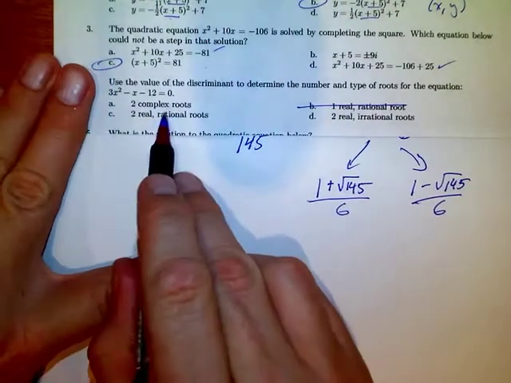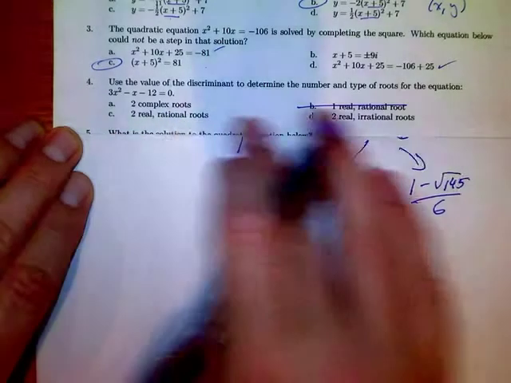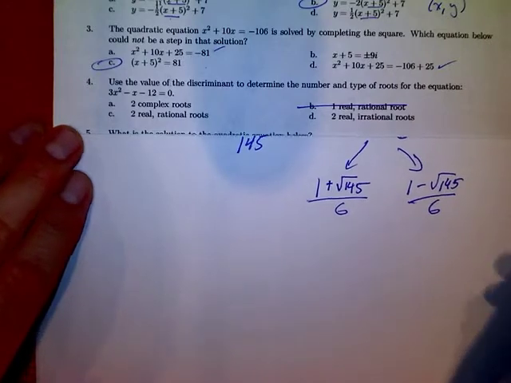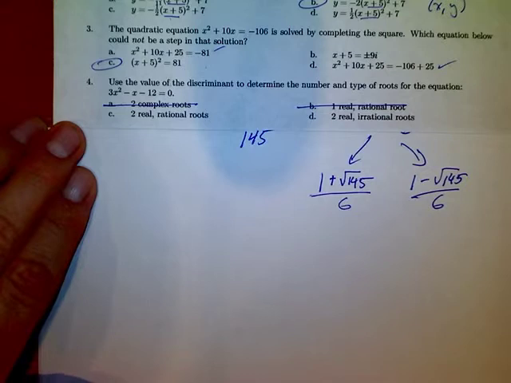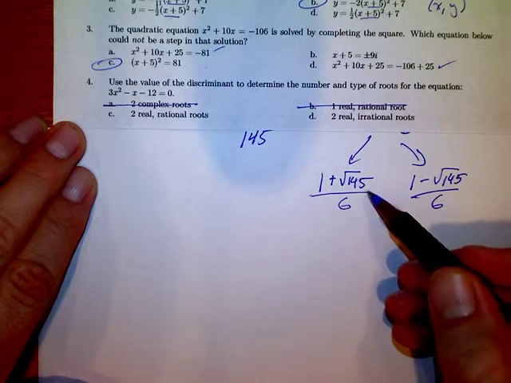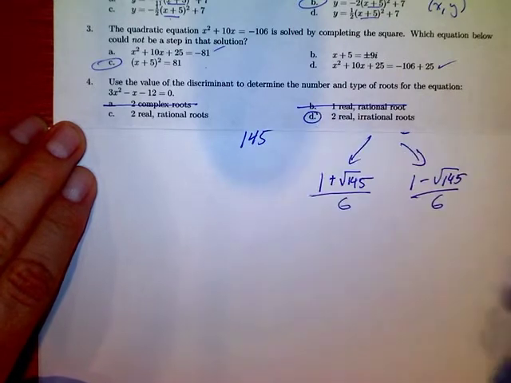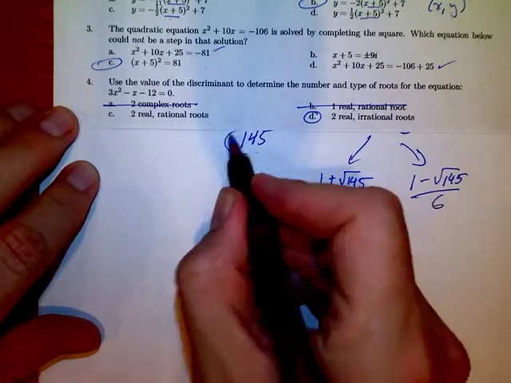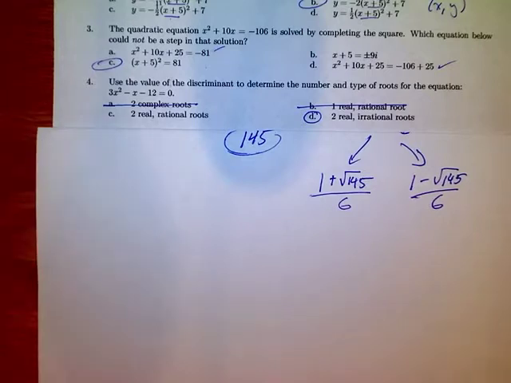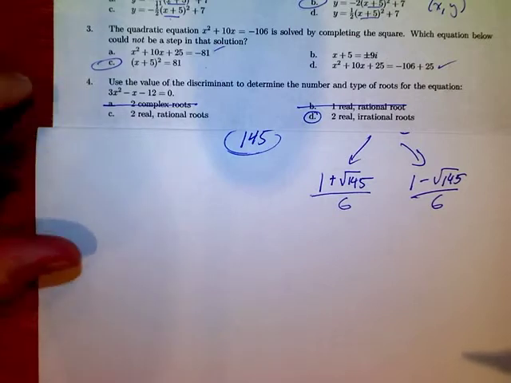Not complex. Complex would mean that you'd have a negative in the square root, an imaginary root. It's either 2 real rational or 2 real irrational roots. That's what it comes down to. Well, the square root of 145 is not a rational number, so choice D is our solution. And you can essentially anticipate that by calculating 145, knowing it's not a perfect square, and you'll be led to choice D.